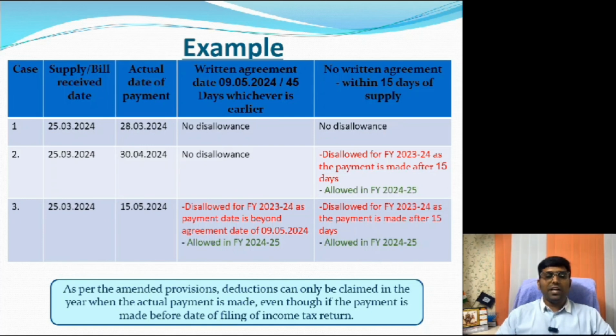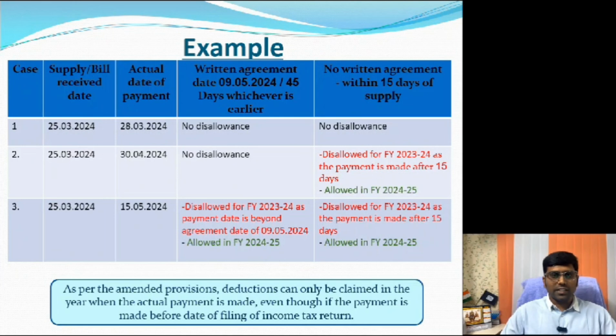In case where the written agreement is not there, the expenditure is paid after 15 days. So in this case also, the expenditure will be disallowed for the financial year 2023-24 and will be allowed as expenditure in the financial year 2024-25 in which the payment is made.